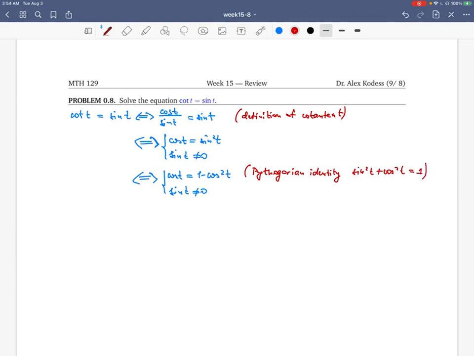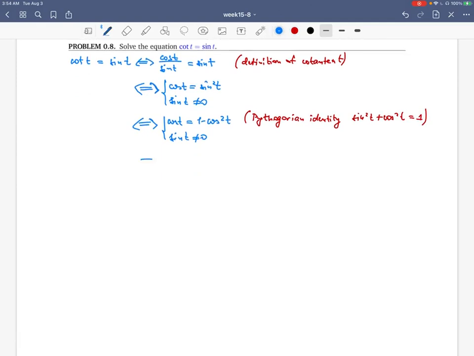Now we move cosine t to the other side, doesn't matter. So we get a quadratic equation in terms of cosine: cosine squared t plus cosine t minus 1 equals 0, and sine t is not 0.